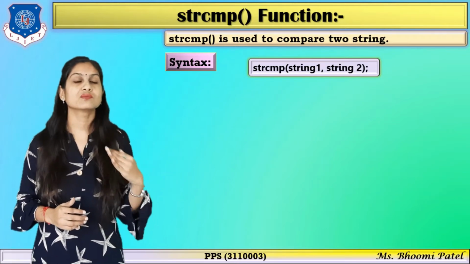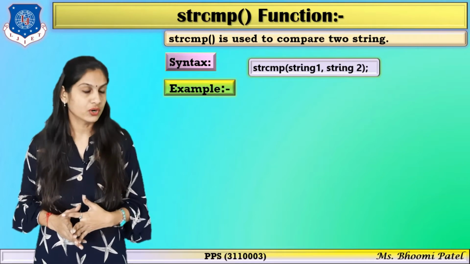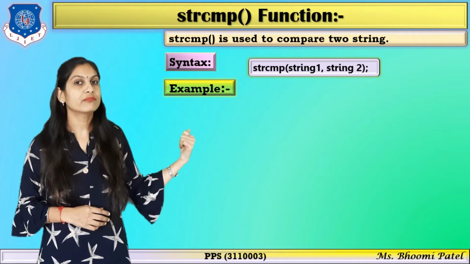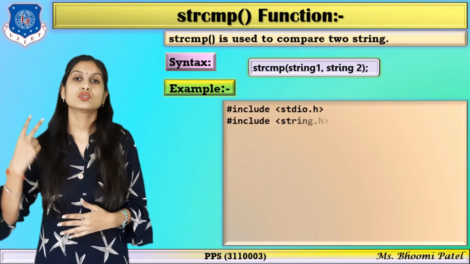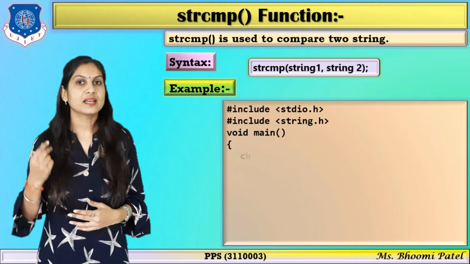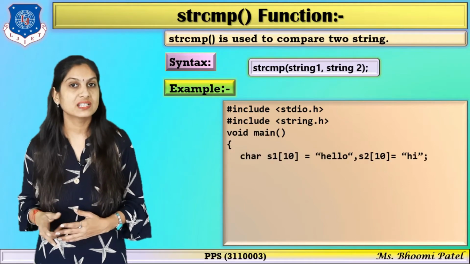This example is for checking whether both the strings are the same or not. So first we have to include both the header files, and then inside void main we have to write two strings. So char s1[10] = "hello", and the second string, that is s2[10] = "hi".